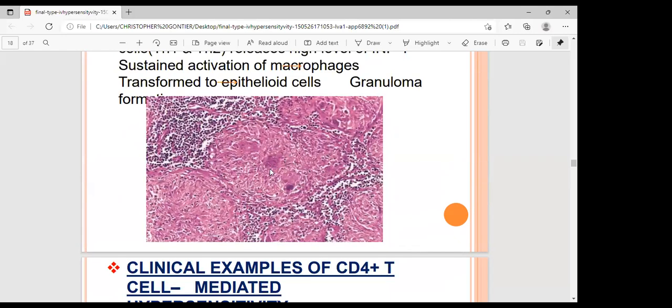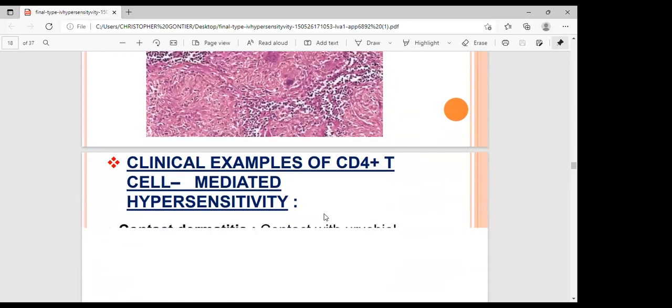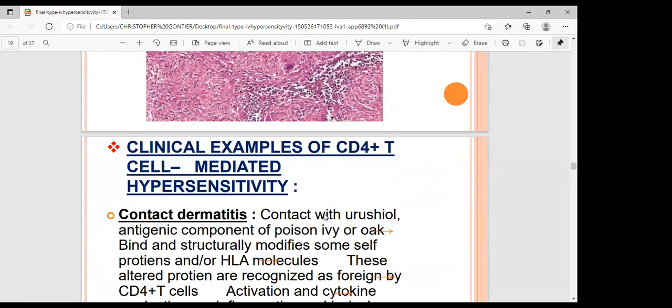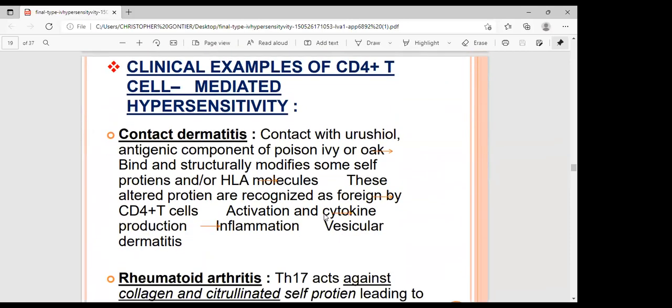You get your hyperactive macrophages, you have collateral damage, destruction of cells, you have a loose fibrous kind of capsule trying to localize that infection or the inflammatory response, and then a cuff of mononuclear cells.